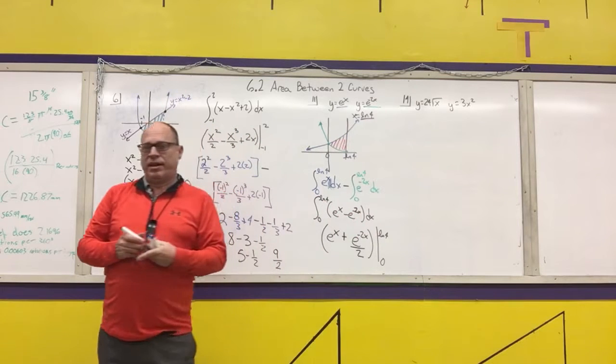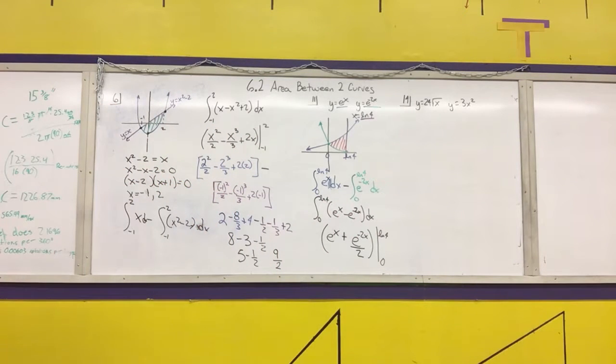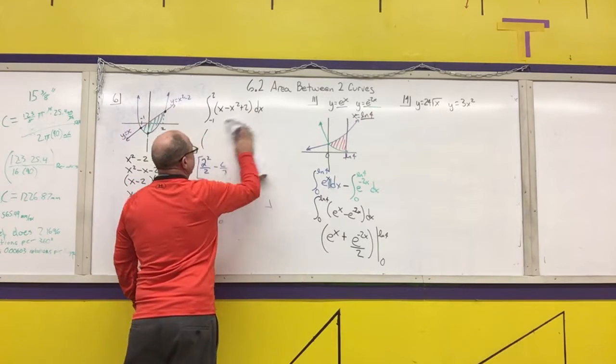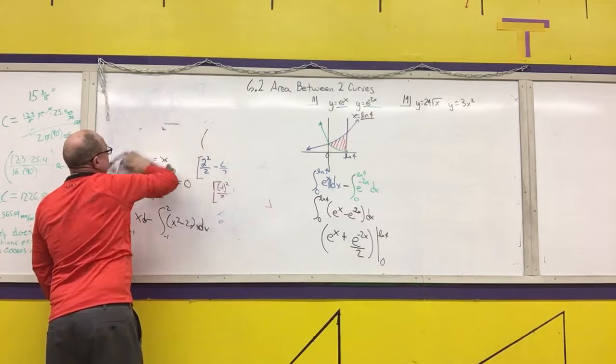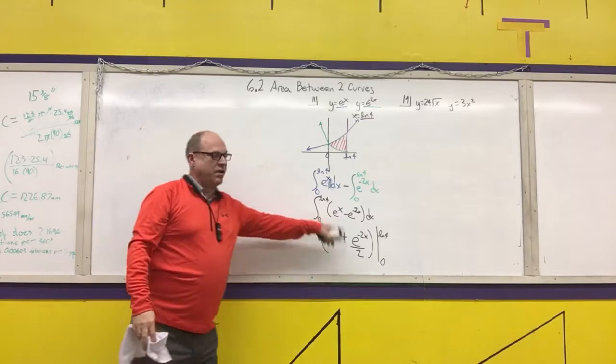Which means I'm going to put the natural log of 4 in, I'm going to put a 0 in, then I'm going to subtract the result. So I'm going to erase the work from the first problem and continue my work here. I do need to see the step where you're plugging everything in.